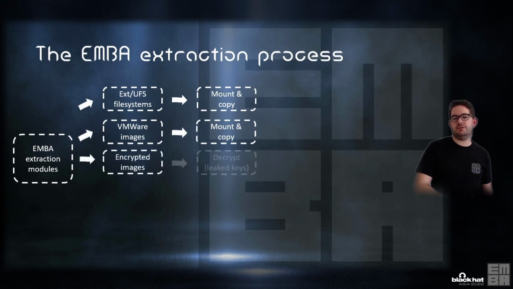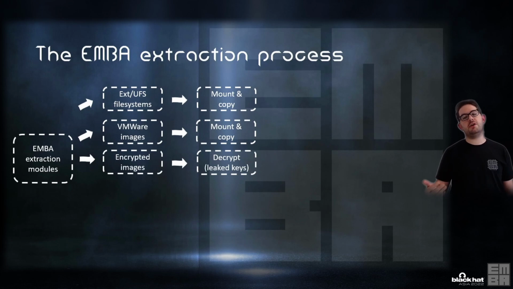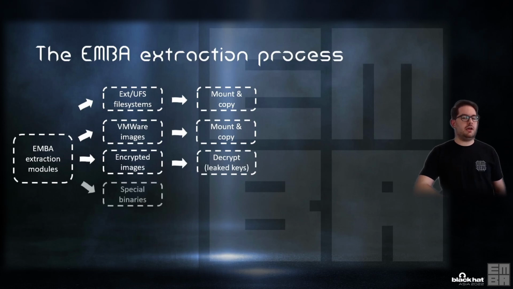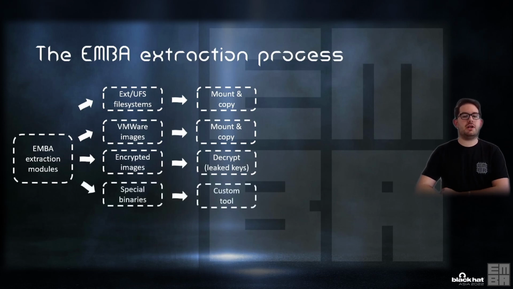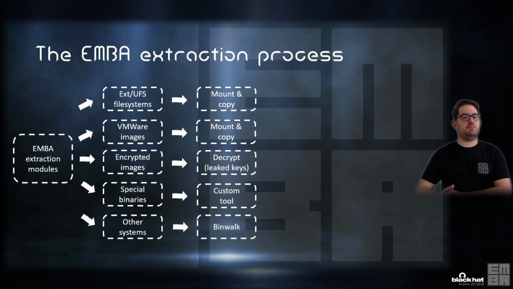If the image is encrypted, it will be decrypted if the key was leaked, and then Binwalk will extract it. Then there are special binaries like UBI or those from AVM. EMBA will select the corresponding custom tool to extract them. All other systems are, if possible, extracted with Binwalk.